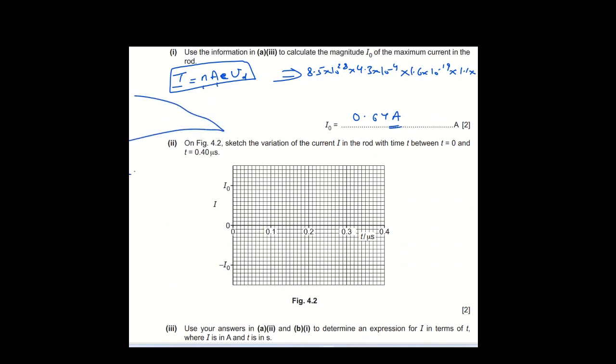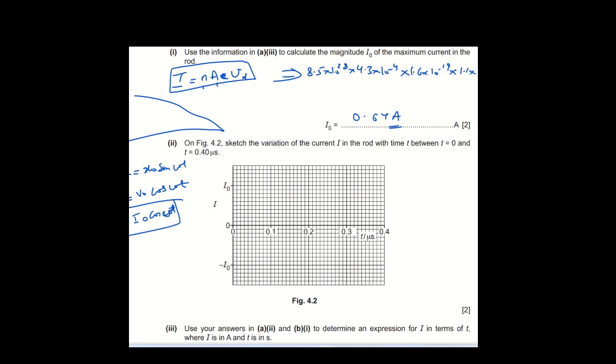For displacement x, it is a sine curve, and we can write that it will be x naught sine omega t. So v will be v naught cos omega t here. So current will also be I naught cos omega t. So a cosine curve for current we have to draw.